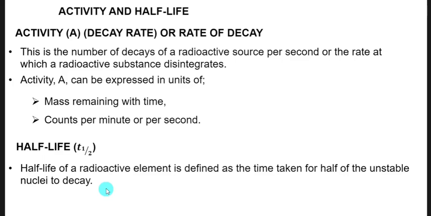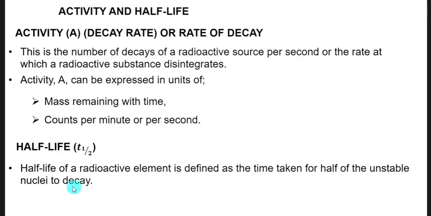Now the time it takes for 50 popcorns to pop can also be said to be the half-life of popping popcorn, because you had 100 popcorns at the beginning, then after a certain period of time, half of them have already popped, 50 of them. That time that has passed for those 50 to pop is what we call half-life, as simple as that.